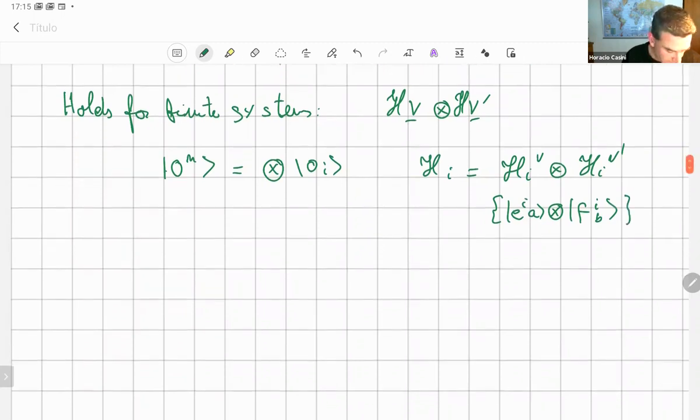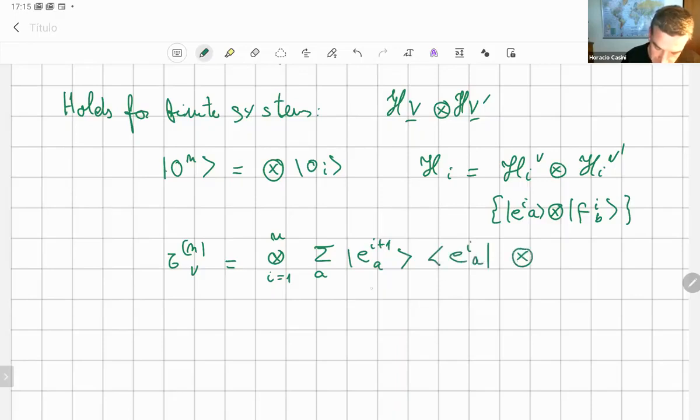And then you can see that the twist operator in B will be written as the product over the copies of a sum over the basis elements in the region B, times the identity in B prime.